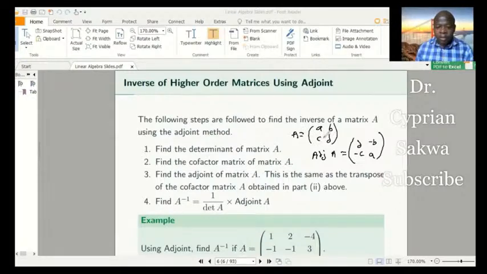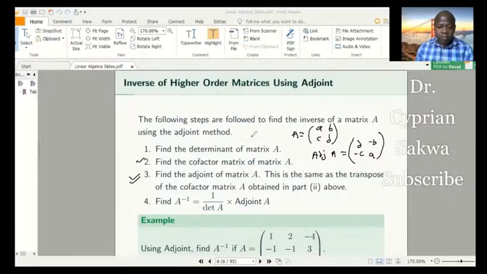Now, what is important for us is how do we get the adjoint of a 3 by 3 matrix, a 4 by 4 matrix, and a 5 by 5 matrix, and so on. And that's what I've written in. The adjoint of matrix A of higher order will be the same as the transpose of the cofactor matrix.